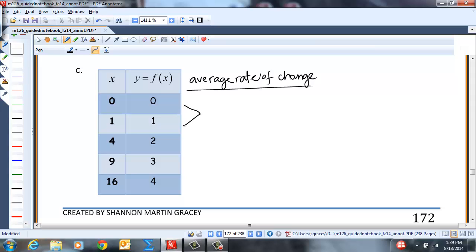So between these two guys, we'll have 1 minus 0 over 1 minus 0, which is 1. Between these guys, we will have 2 minus 1 over 4 minus 1, which is 1/3. So we know it is not linear.